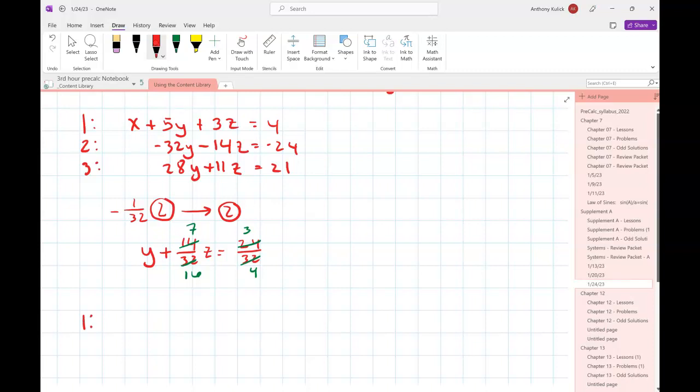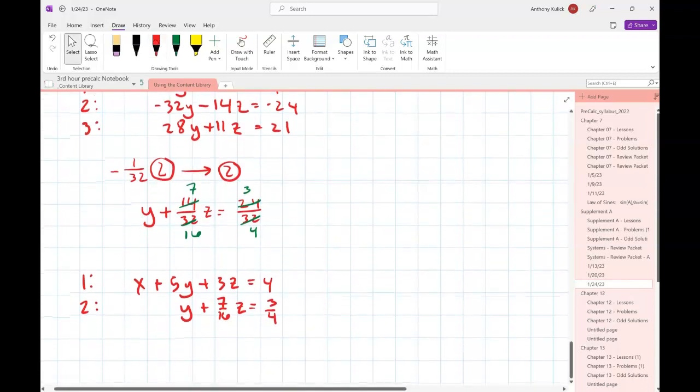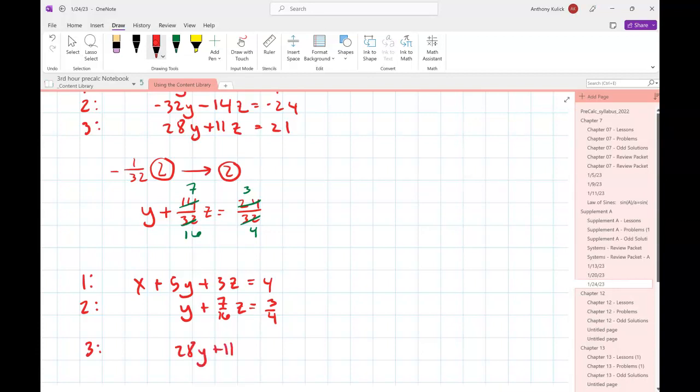So my new system: equation 1 stayed the same. Equation 2 is now y plus 7/16 z equals 3/4. And then equation 3 stayed the same. We didn't do anything to that. 28y plus 11z equals 21.